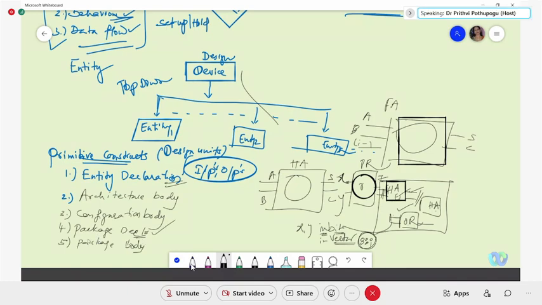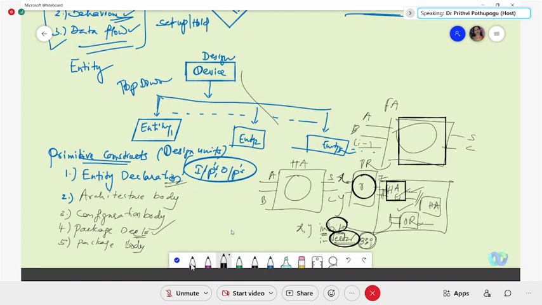And package body is the one which defines the definition of the declared element. Got this difference now? Package declaration and package body.